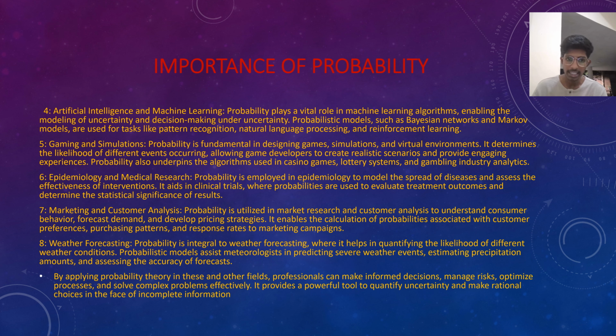Seventh, marketing and customer analysis. Probability is utilized in market research and customer analysis to understand consumer behavior, forecast demand, and develop pricing strategies. It enables the calculation of probabilities associated with customer preferences, purchasing patterns, and rates of the marketing campaigns.